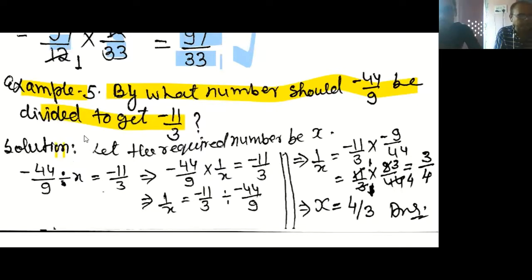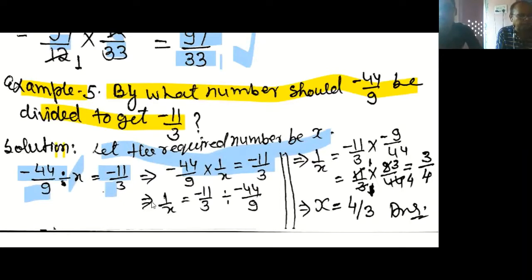Let the required number be x. Then we write the question as minus 44 upon 9 divided by x equal to minus 11 upon 3. That is minus 44 upon 9 into 1 upon x, divide by x changes into multiplication, equal to minus 11 upon 3.